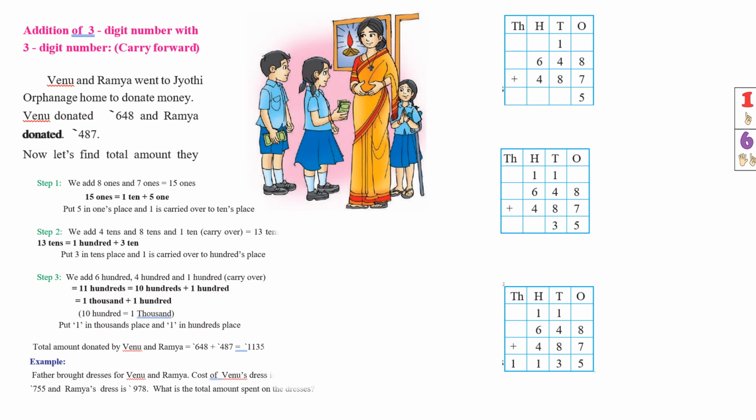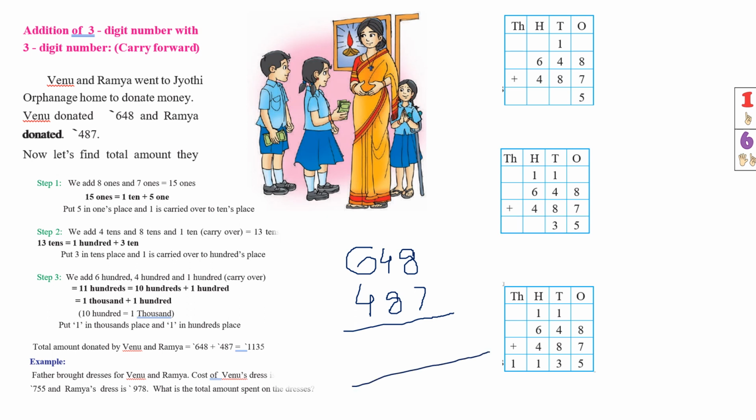So what is the amount Venu has donated? Venu has donated 648 rupees, correct? Yes, correct. Now, how much has Ramya donated? 487 rupees, correct?